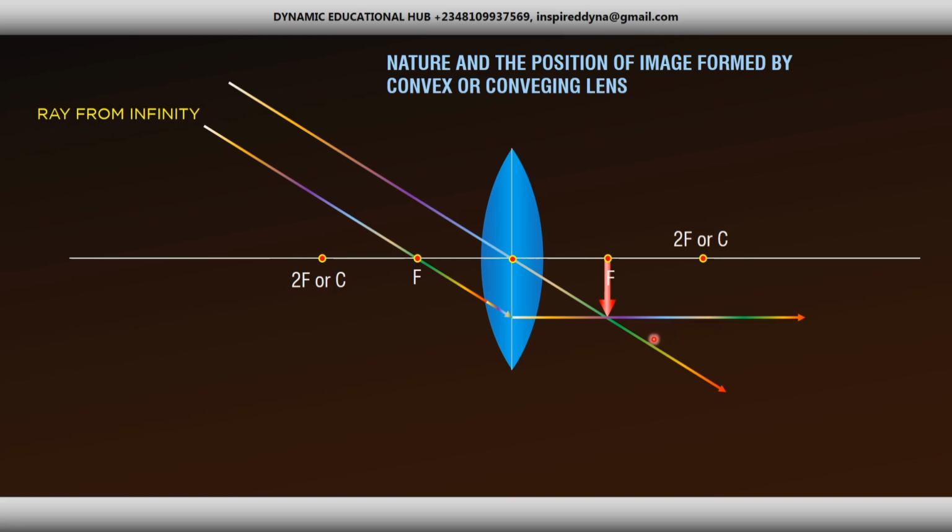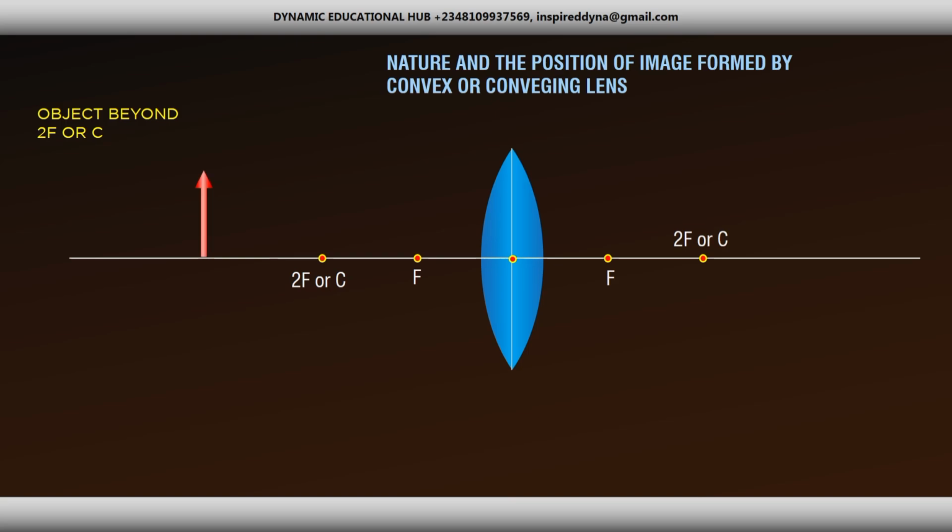The image will be formed at the focal point when the rays are coming from infinity. Now what is the nature? You have a highly diminished image, and you have a real image. This is a real image because we have intersection here. It is going to be inverted, real, and at the focal point.